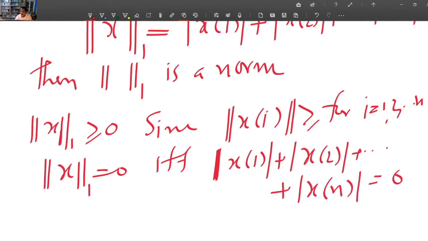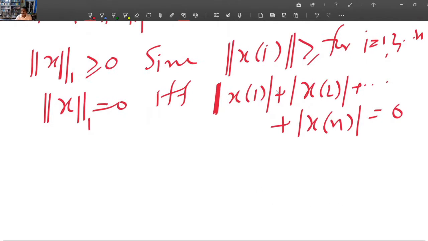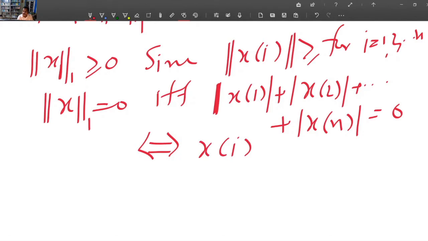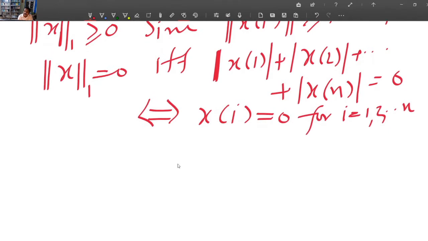This is a sum of non-negative terms, so this is 0 if and only if x of i equals 0 for each i equal to 1, 2, etc., n, which implies x equals 0.